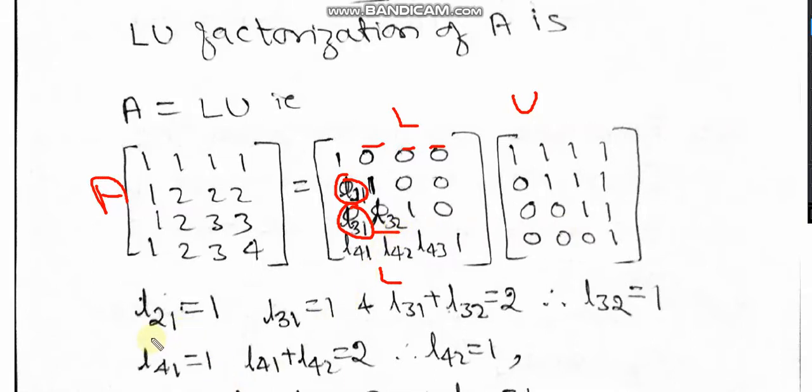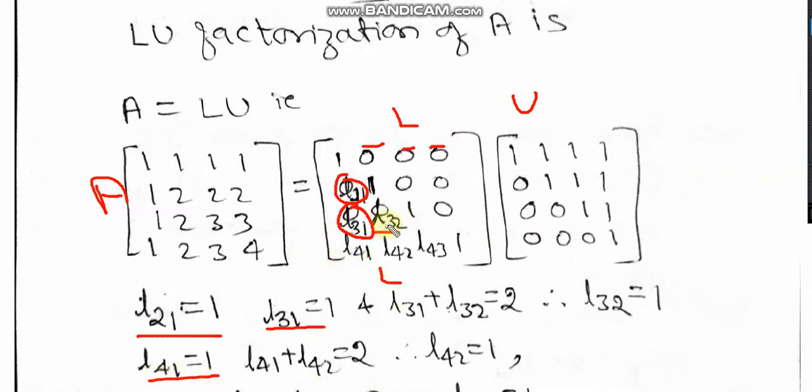So same thing I have done here. For L21, the second row multiplied with the first column: L21 into 1 plus 1 into 0, all zeros, L21 equals 1. And the third row multiplied with the first column, L31 equals 1. Fourth row multiplied with the first column, I get L41 as 1, right?